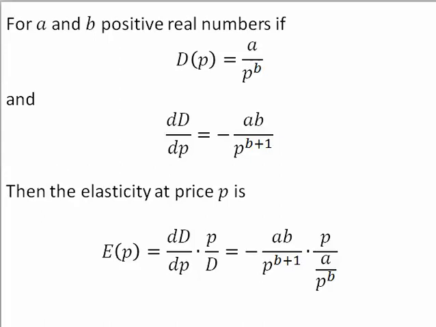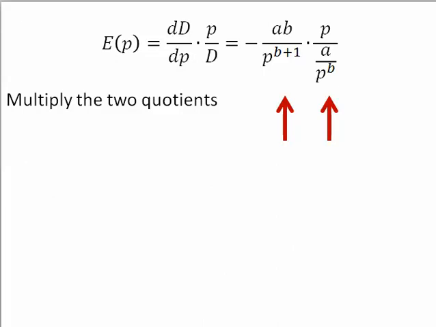So the elasticity at price P is given by this somewhat ugly complex fraction, and it needs to be cleaned up. I'm going to start on the next page cleaning it up. I have a quotient times a quotient, and if you recall, you multiply two quotients by going numerator times numerator, denominator times denominator.